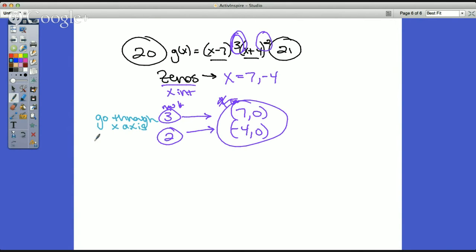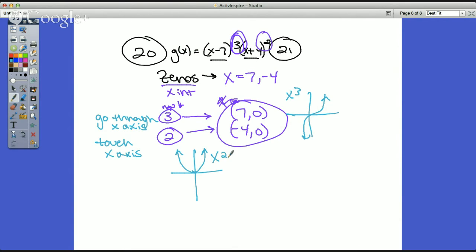And 2, because it's even, means that it's going to touch and go back. So think about it. If you had x squared, what does x squared do? Yeah, x squared just touches and then comes back. Whereas something that's cubic actually goes through that graph. So x cubed, because it's odd, goes through, whereas x squared touches and returns.